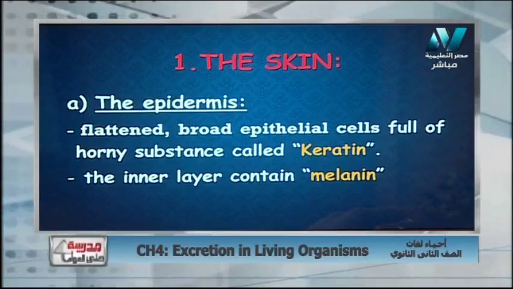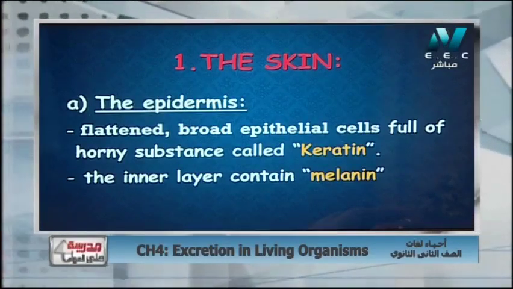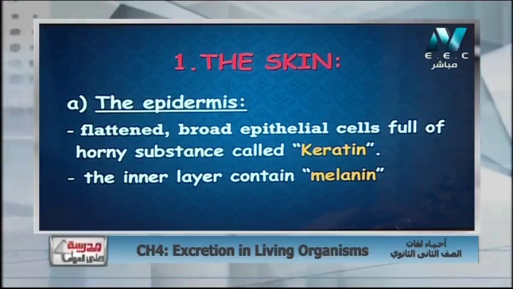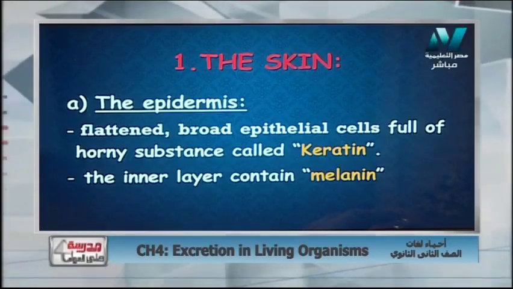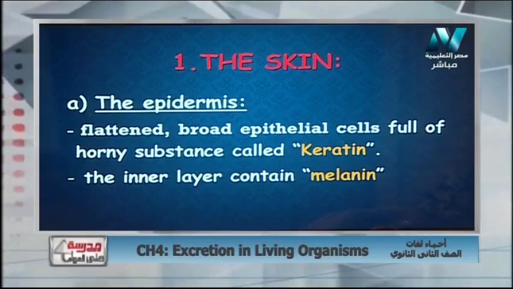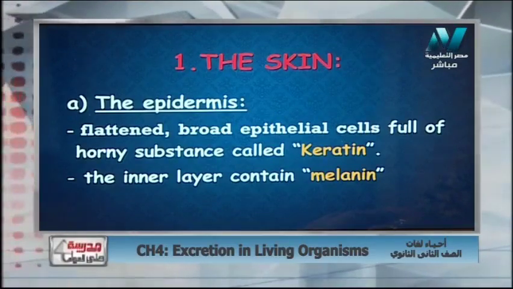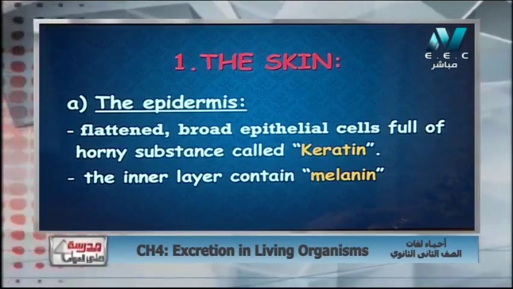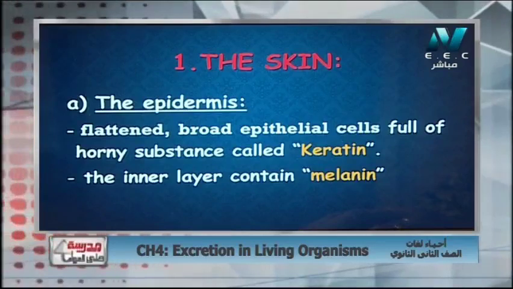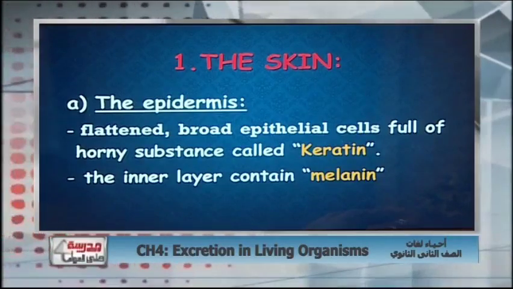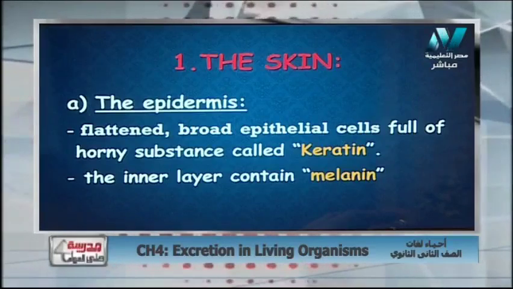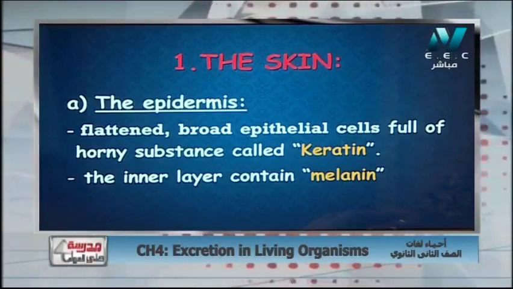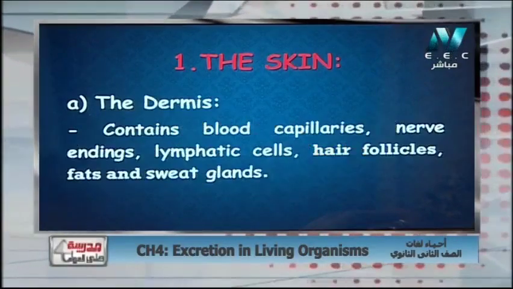And it is very important for them to be dead cells to be an isolating layer between the body and the surrounding medium. The inner layer of the epidermis is composed of cells producing the melanin substance, which gives the skin its color. So it's responsible for the skin color.